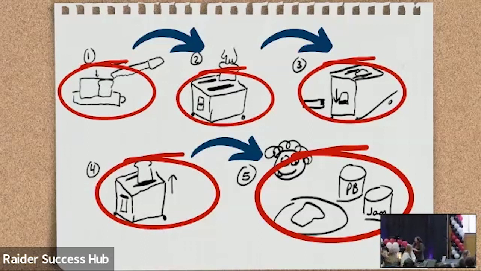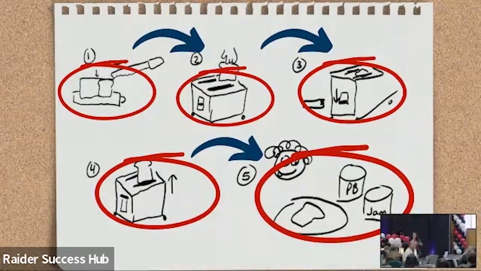The point is that we intuitively know how to break down complex processes into smaller tasks and then bring them back together to create a plan. And what we might reveal are some unexpected truths about opportunities we have as a team for collaboration and consistency. That's where RSH success plans come in. But before we show you how they work, we want to talk a little bit about the benefits.